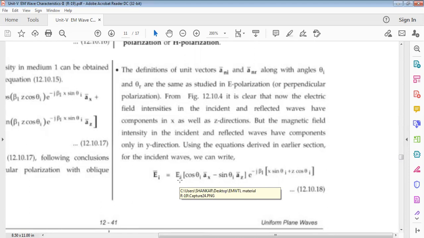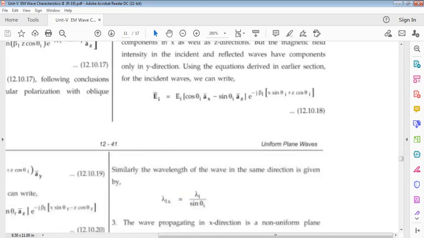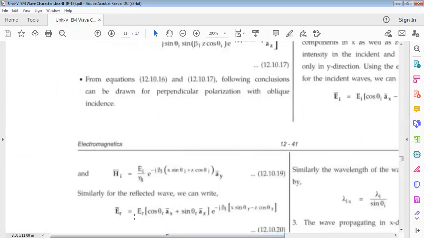Previously the electric field was Ei times e power minus j beta 1 and the cosine functions also. Now the reverse: Hi is perpendicular to the plane of incidence, or parallel to the boundary.